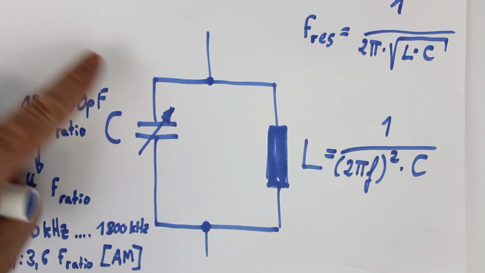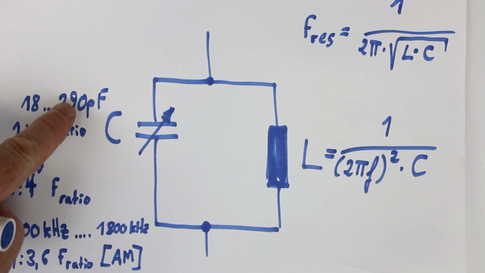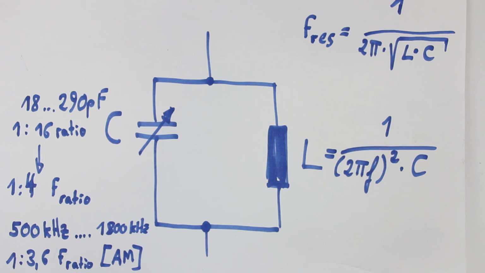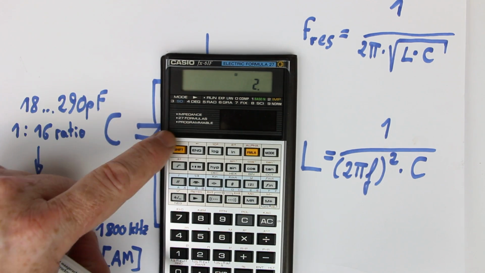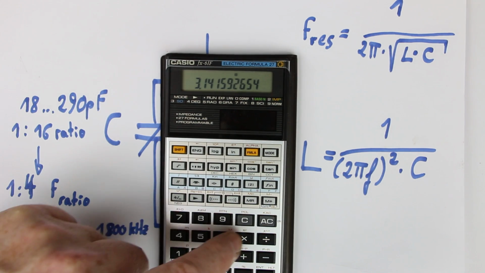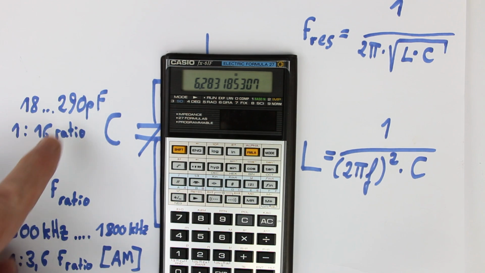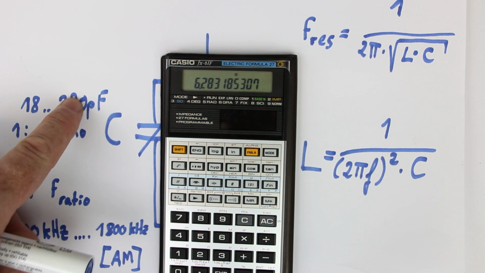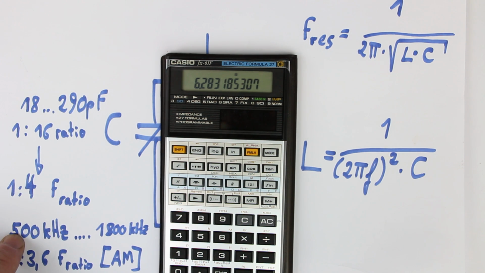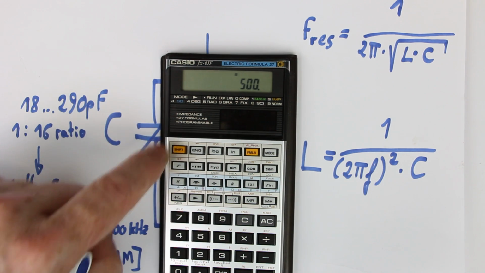Let's, for some special reason, take the higher value, and this gives us 2 pi times the resonant frequency which belongs to the highest capacitance value, which is in our case, for safety reasons, 500 kilohertz.